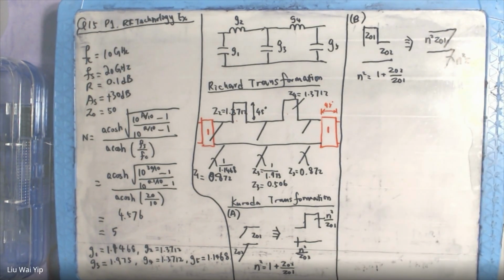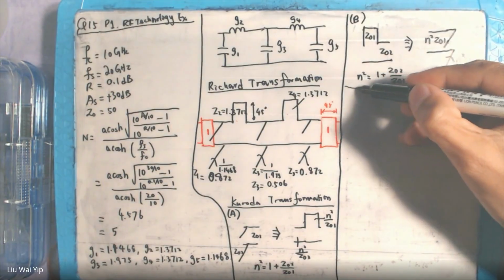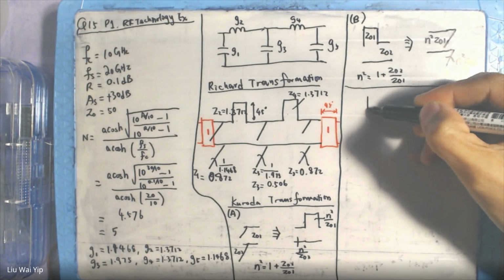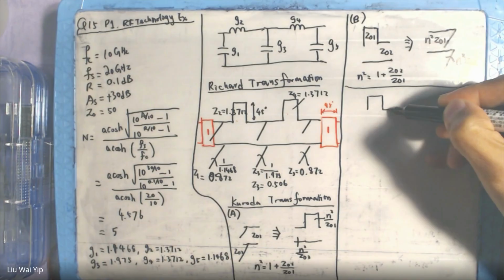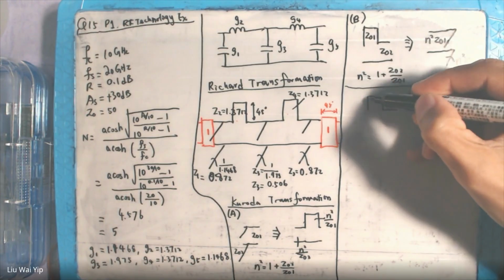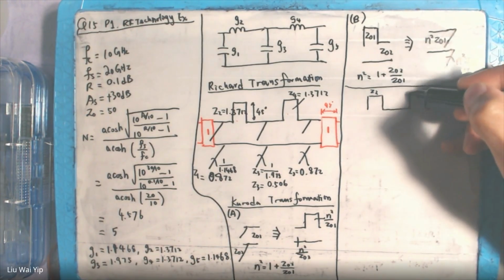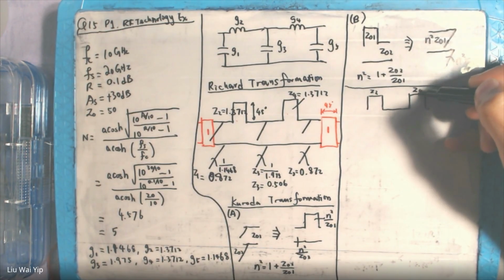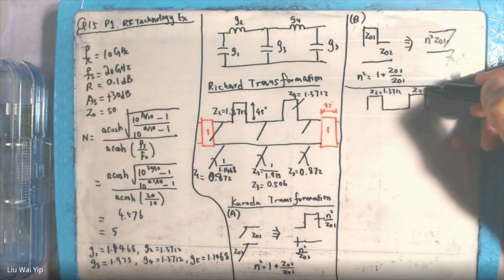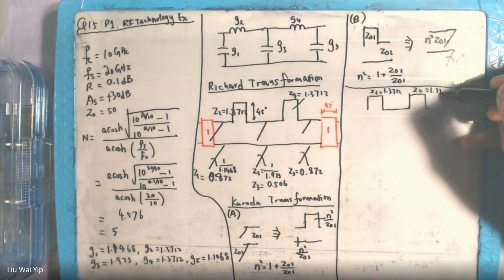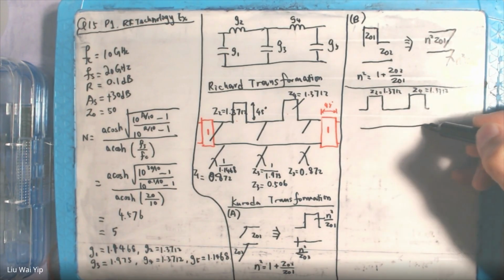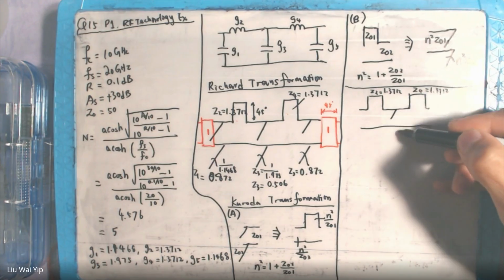So first I'm going to clean out here. So we can rewrite it. And this is V2, V4, 1.3712, 1.3712. So we have this one here.